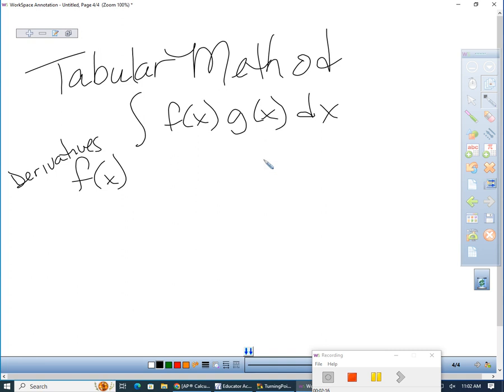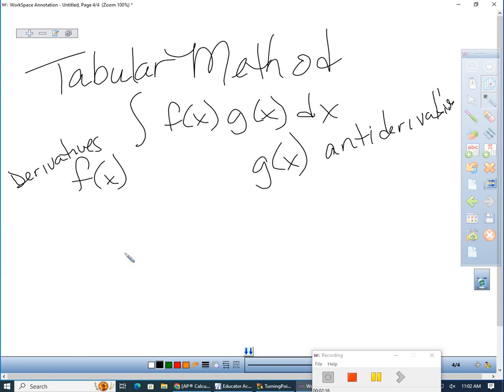And then over here, we're going to do g of x, and we do the antiderivatives. All right, and we're going to make a list until we get to 0.